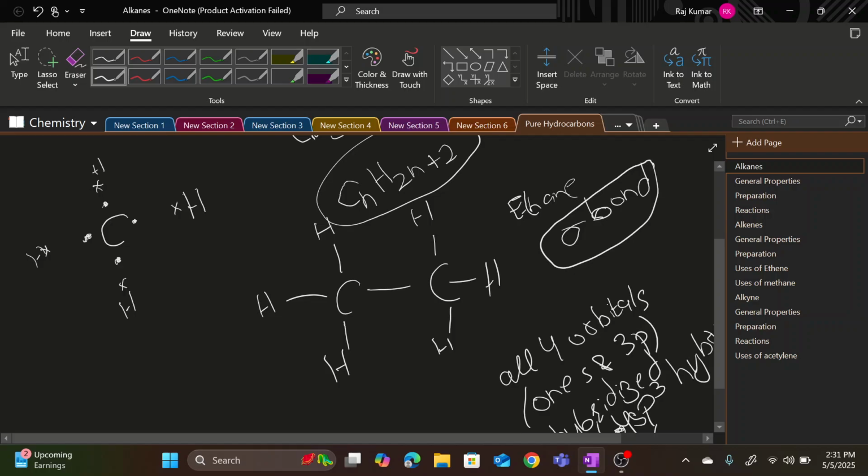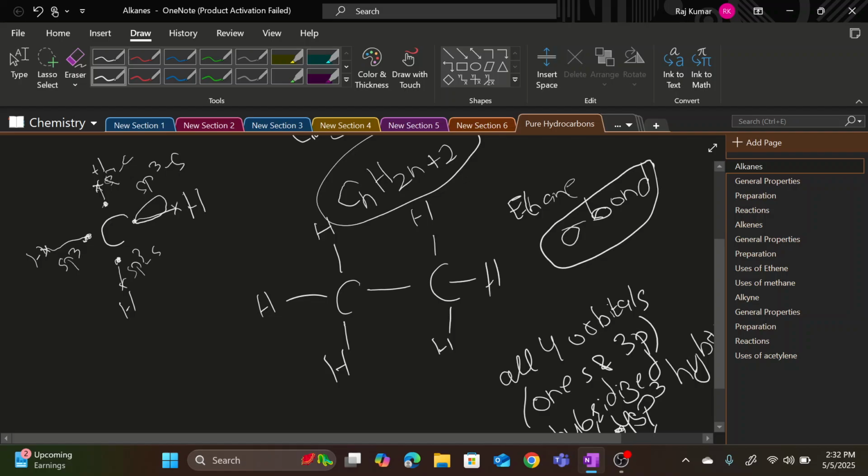So there would be a bond here, a bond here, and a bond here, and a bond here. In that way, these would be the bonds created. If we take the structure, it would be sp3 s, sp3 s, sp3 s, sp3 s.